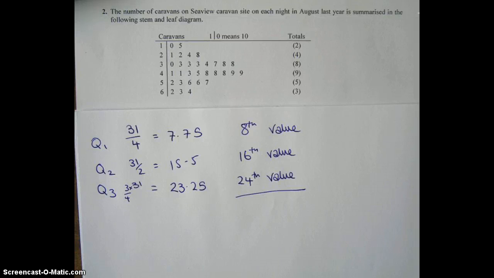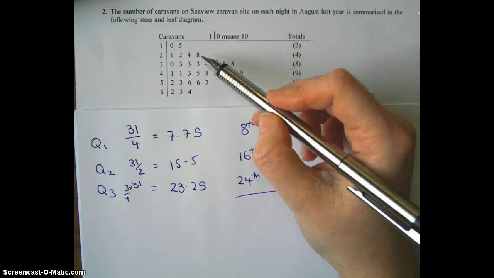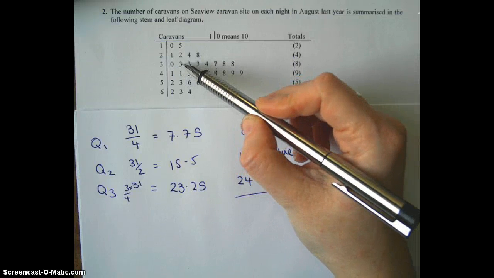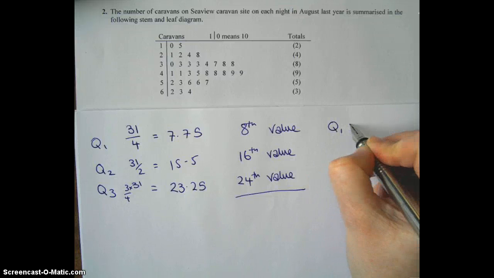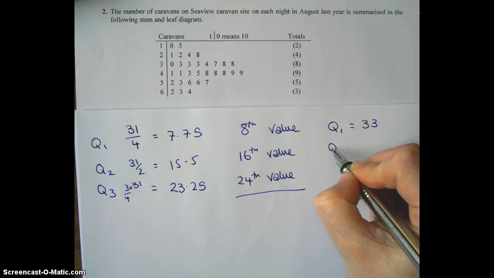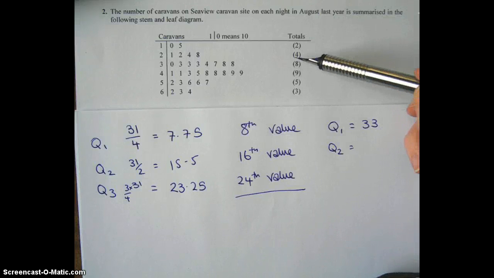So the 8th value, let's just count down until we get to 8. So that's 4 plus 2, that's 6. 7th, 8th, so the 8th here is 33. So Q1 must be 33. Q2 is the 16th value. If I look on this side, 8 plus the 2 plus the 4, that's 14 already.